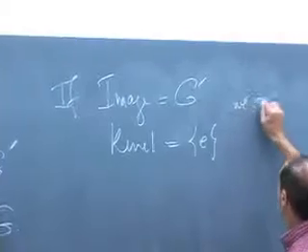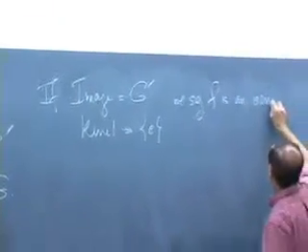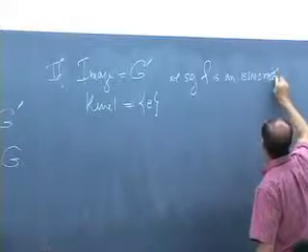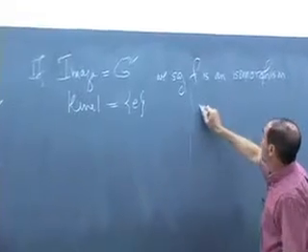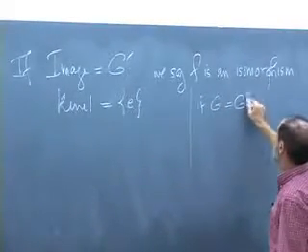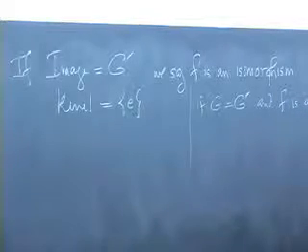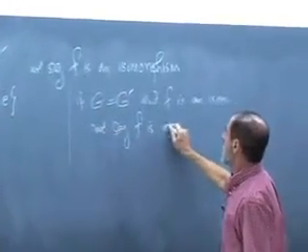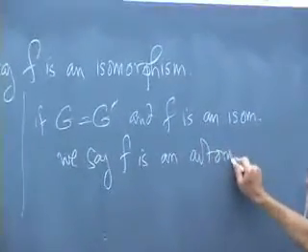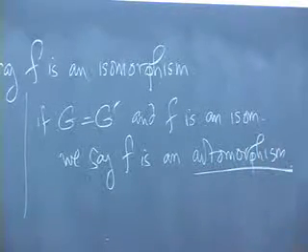So if the image is G prime and the kernel is {e}, we say f is an isomorphism. And beyond being an isomorphism, if G is equal to G prime and f is an isomorphism, we say f is an automorphism, an isomorphism from G to itself. We'll give some examples of that.